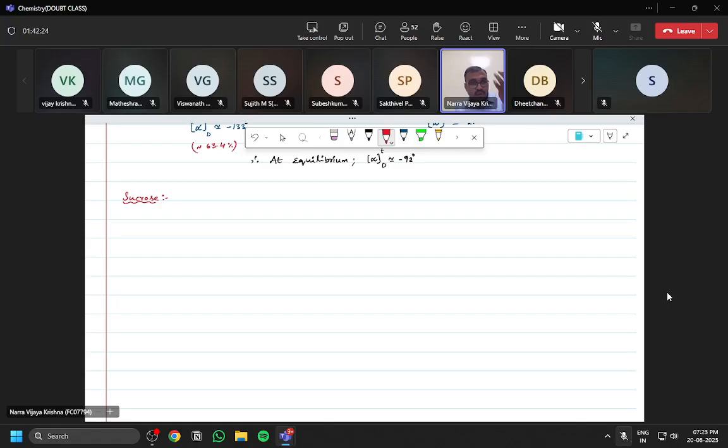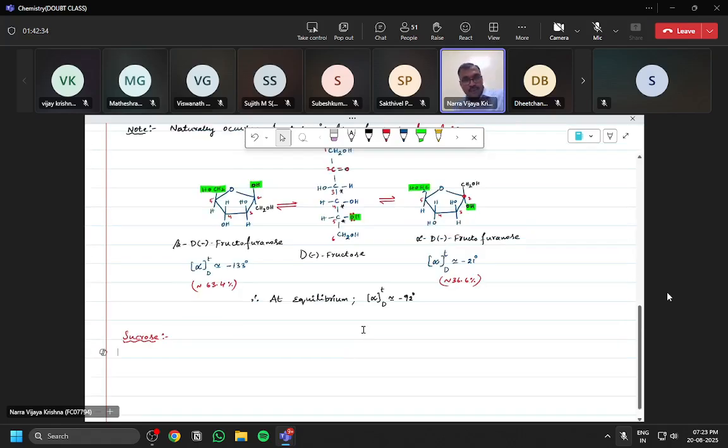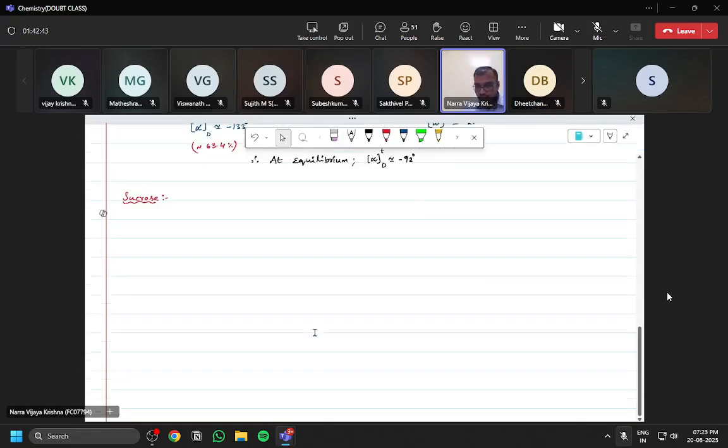Now, glucopyranose and fructopyranose. Already you know the structure of glucopyranose, and you know the structure of fructopyranose. Now bring both together and remove one water molecule, right? So now see the structure of it.